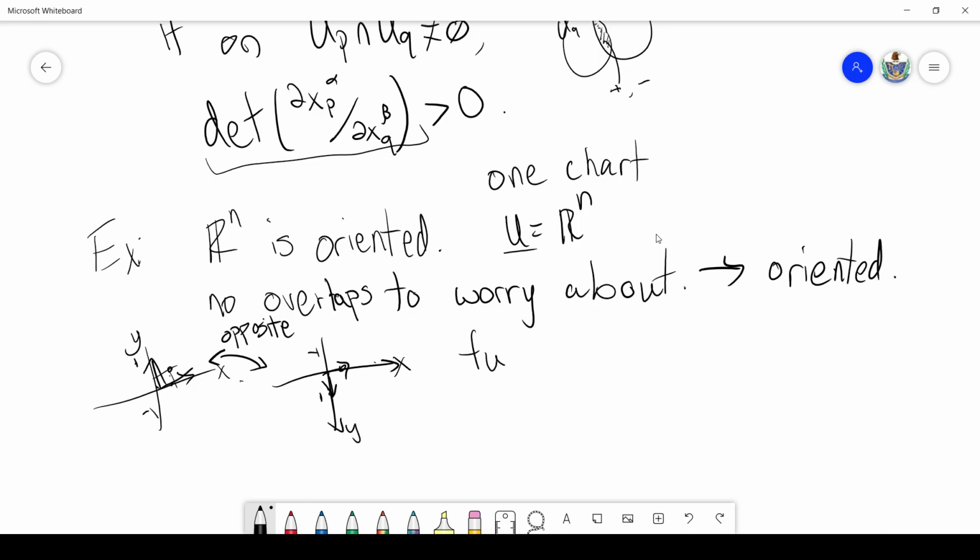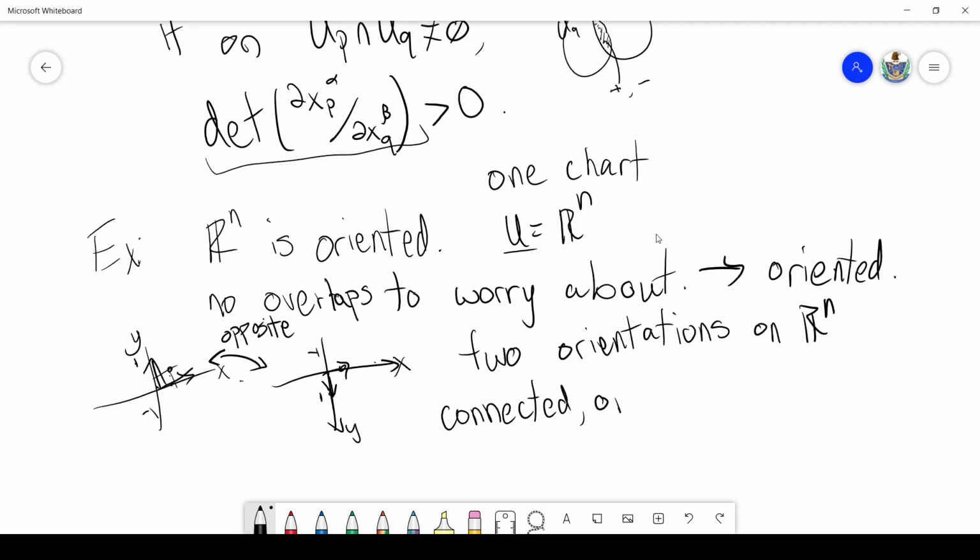So there are two orientations on Rn. In general, if a manifold is connected and orientable, this implies two orientations. Euclidean space is definitely connected.